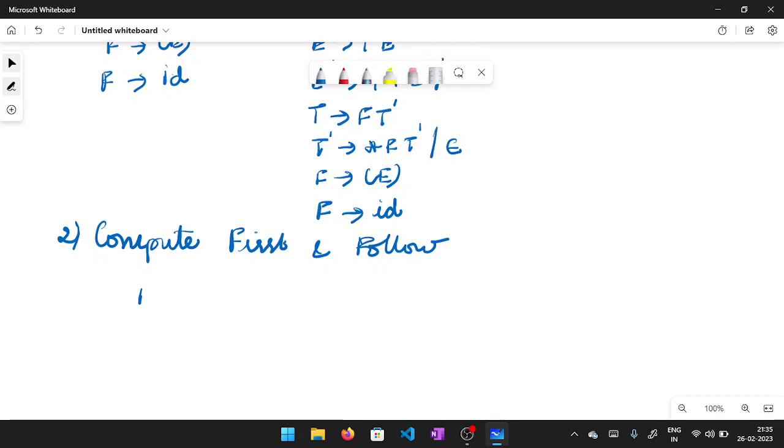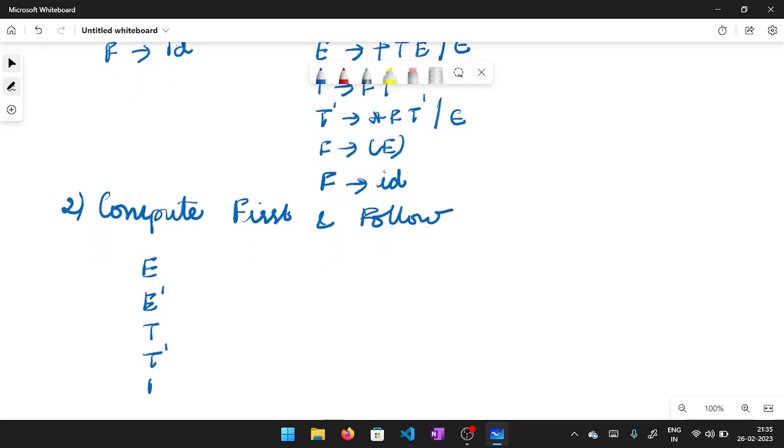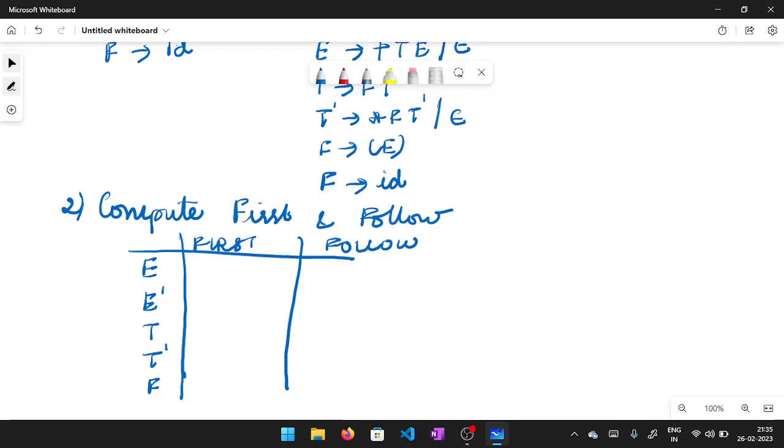So we have the non-terminals E, E dash, T, T dash, and then F. So I should compute first and then I should compute the follow. Okay, let us draw the line neatly.